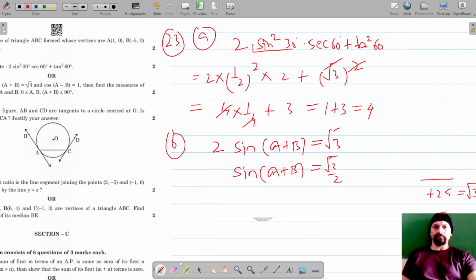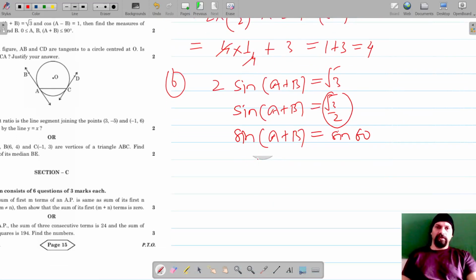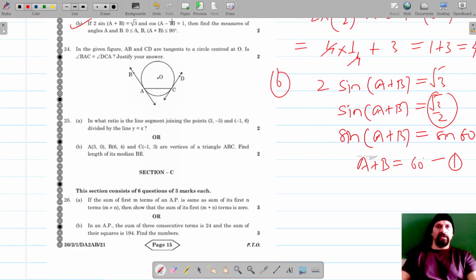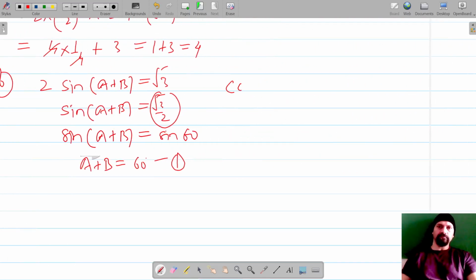Now, we know that the value of sine 60 is root 3 by 2. So instead of this, I can write sine 60, which gives me A plus B is equal to 60 degree, like this equation 1. And further it is given that cos of A minus B is equal to 1.